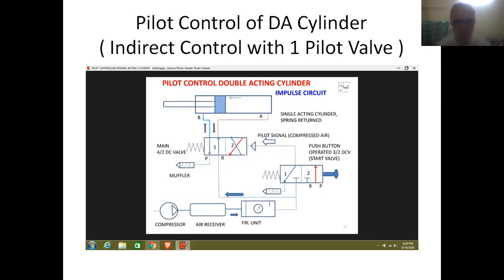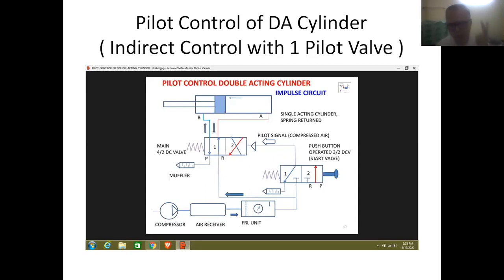double acting cylinder. And secondly, coming to the DC valve, as shown in the figure, it has four ports. So therefore, it is referred to as a four-way DC valve.